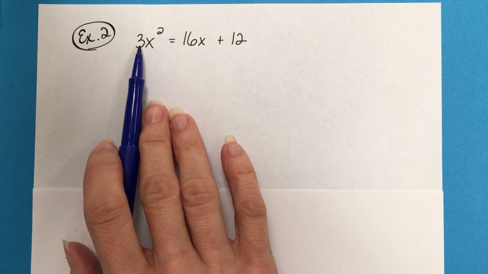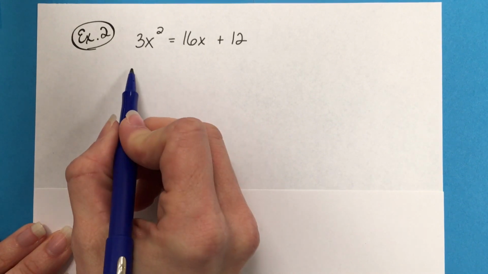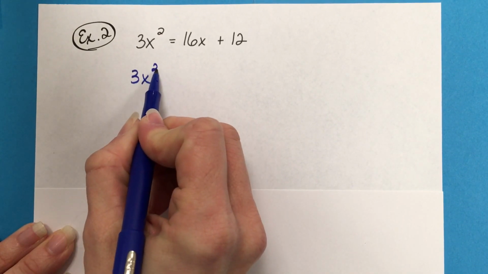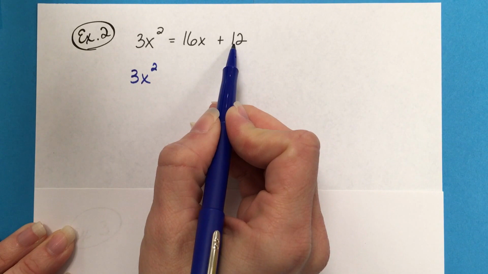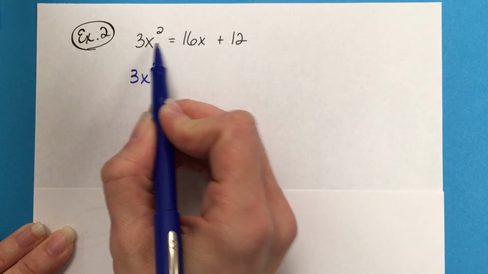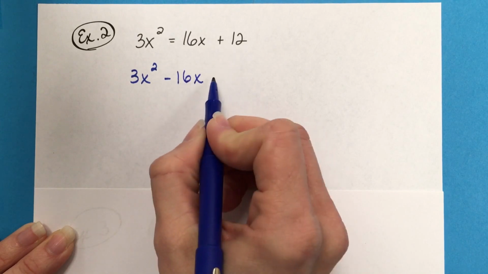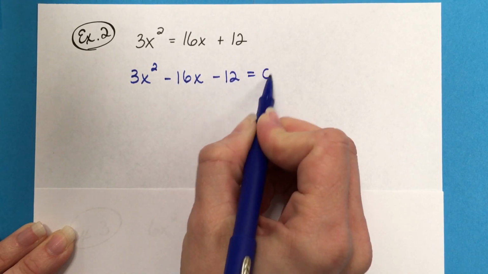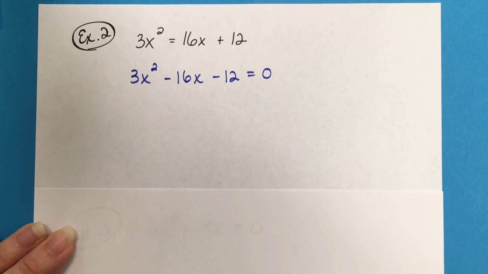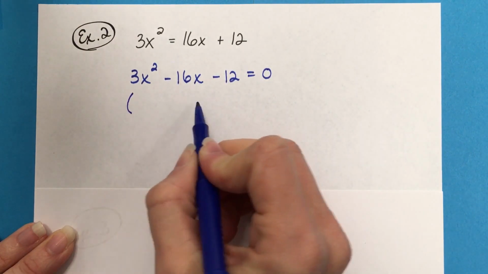So since it's positive, I'm going to leave it on the left-hand side, which means both of these need to be shifted to the left. So that would require that you subtract the 16x and subtract the 12, which would then leave you with 0 on that right-hand side. Okay, doing our factoring.